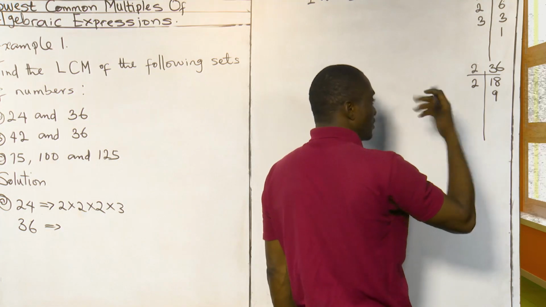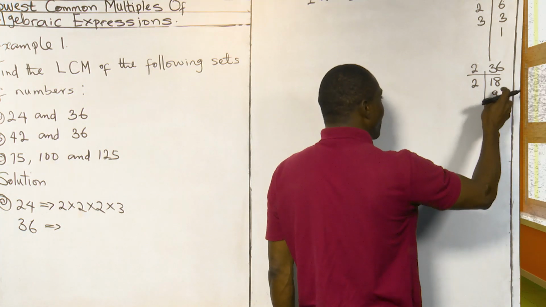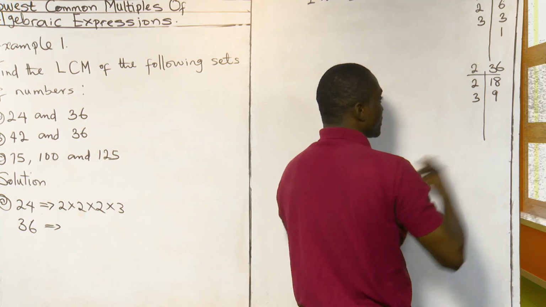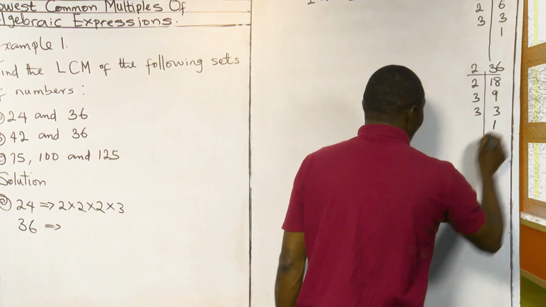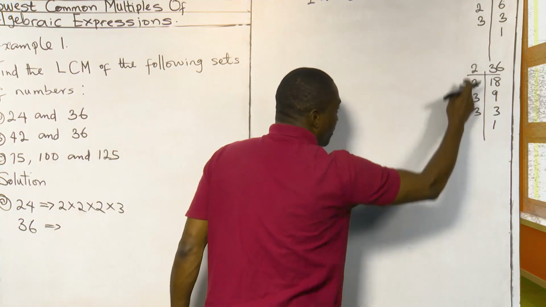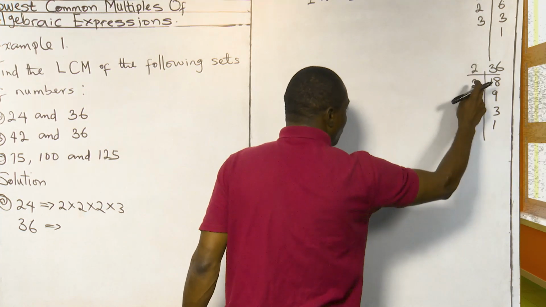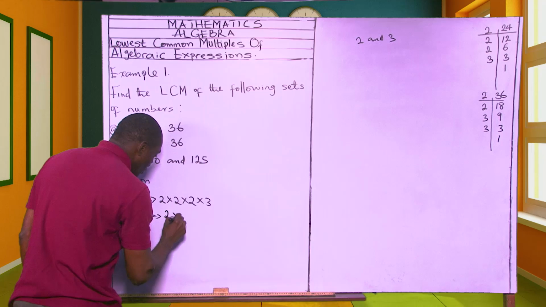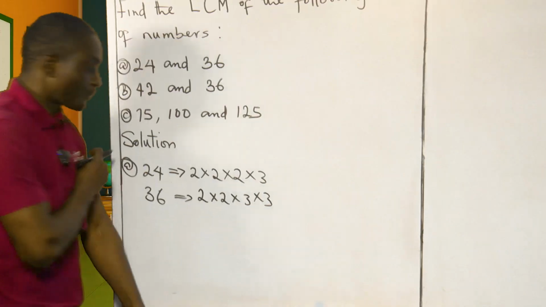The least prime factor of 9 is 3. 3 in 9 will give us 3. And 3 in 3 will give us 1. So the product of prime factors of 36 are 2 by 2 by 3 by 3.